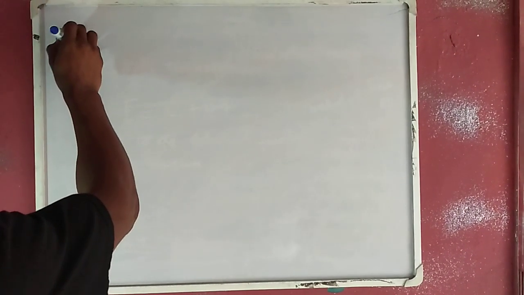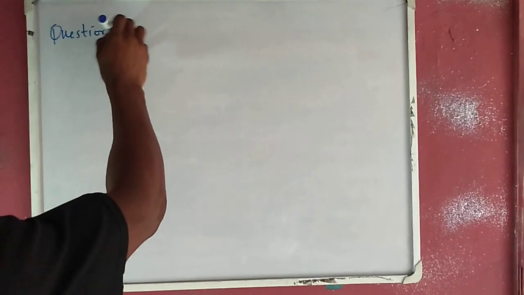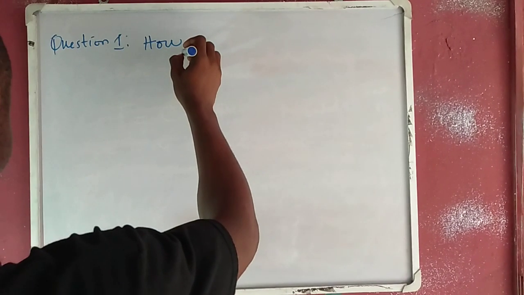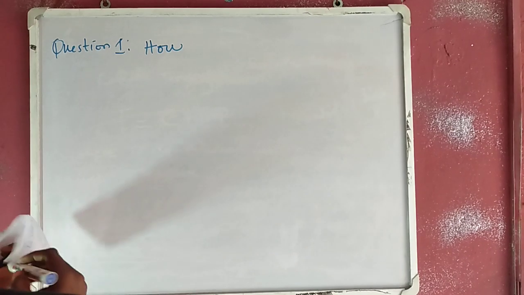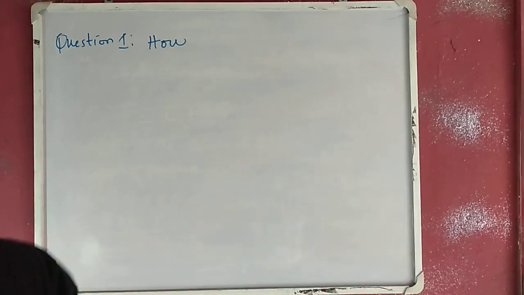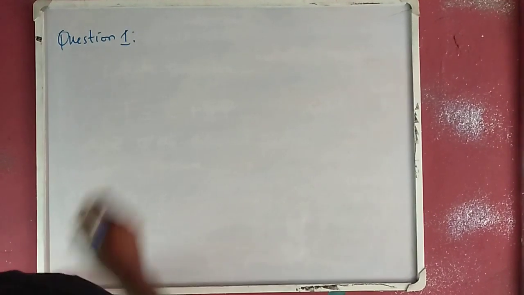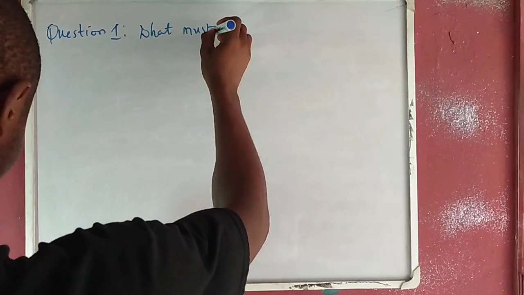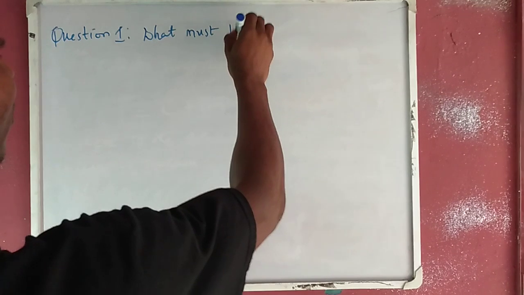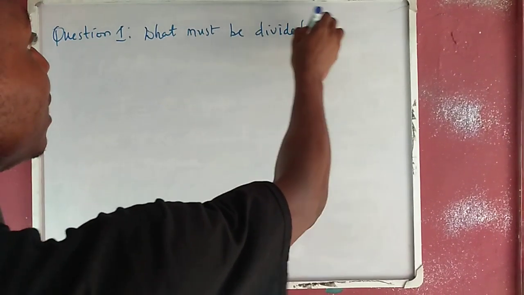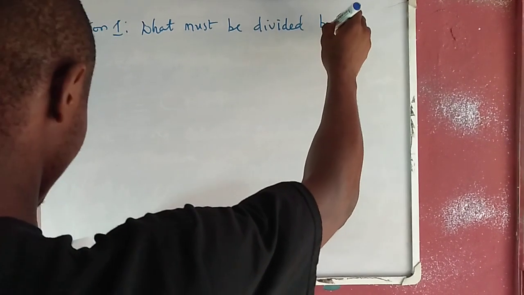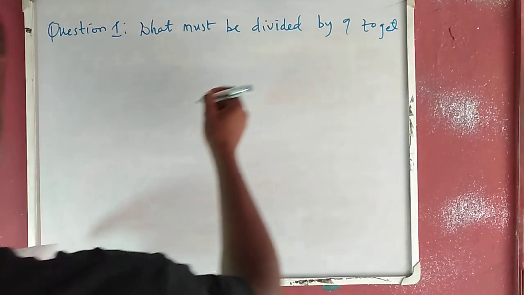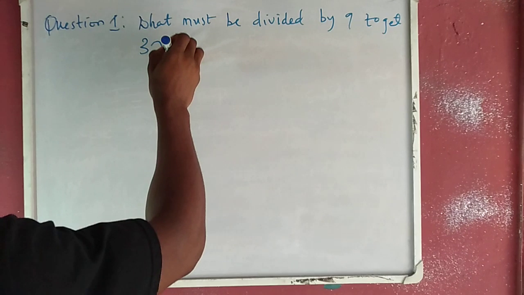Question 1 says, what must be divided by 9 to get 32?